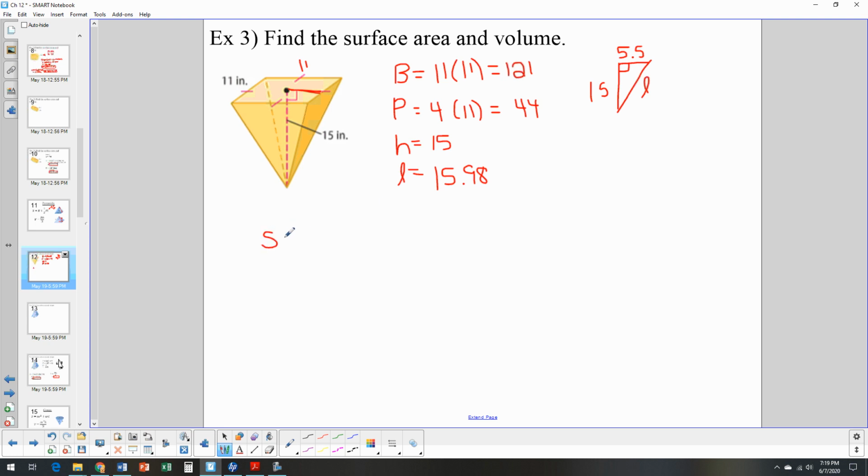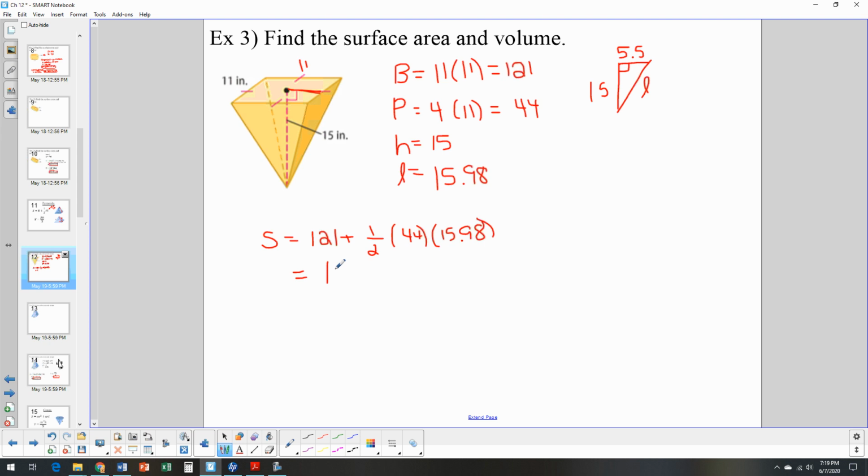So S equals the area of the base plus 1/2 times the perimeter of the base times the slant height. All right, we're not going to use the 15, we're using the 15.98. And guys, your slant height should always be more than your regular height because it's the hypotenuse of a right triangle, which means it has to be the biggest side of that triangle.